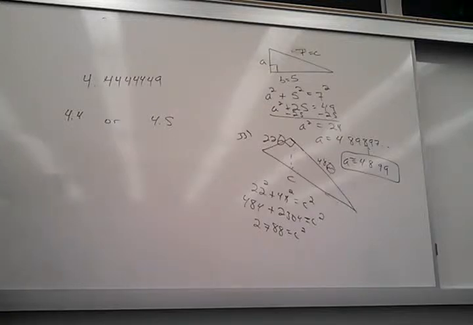What operation would I use? Subtraction. So what is 4.444449 minus 4.4? It's 0.044449. This is exciting, I know. Just try to contain it.